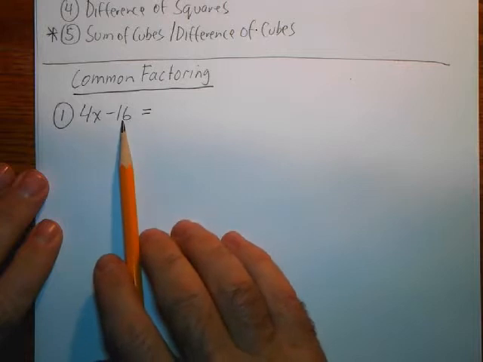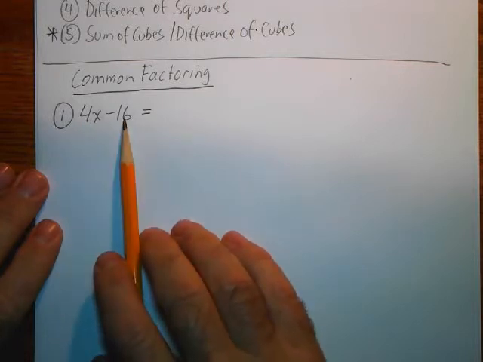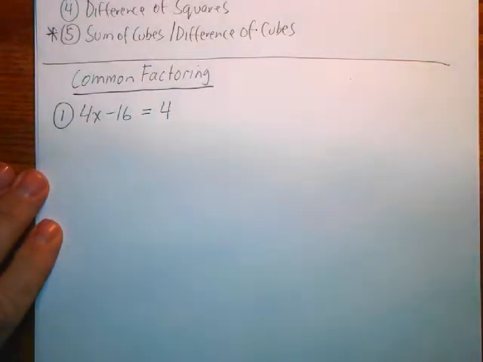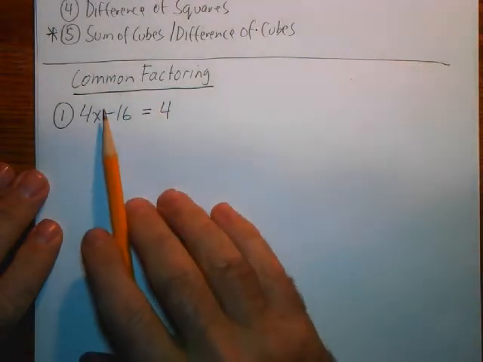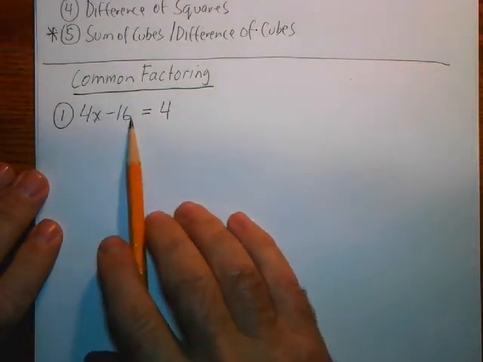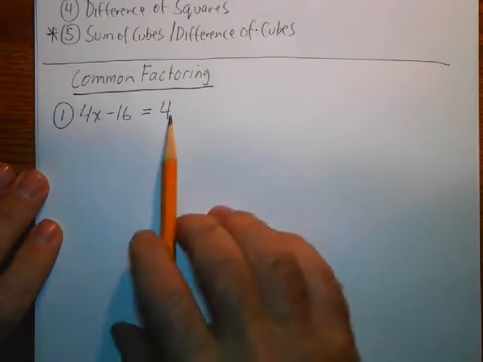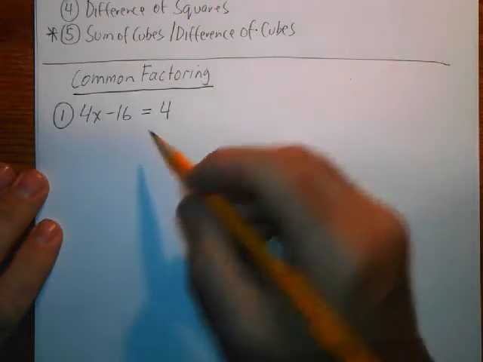So I have a 4 and a negative 16. I can quickly determine that I can divide both of those by 4. So the 4 is part of the common factor. It could be all of it. Then you look for the variables. Now in this case, I have an x in this term, no variable in this term. So I can't factor any variable out of both terms. So 4 is the sole common factor, the greatest common factor.